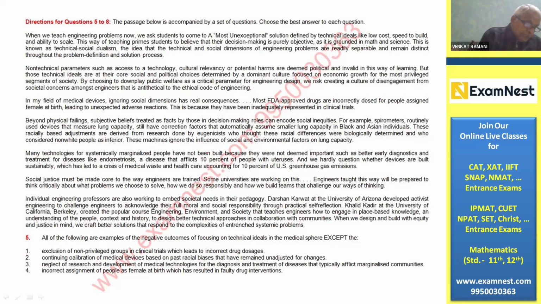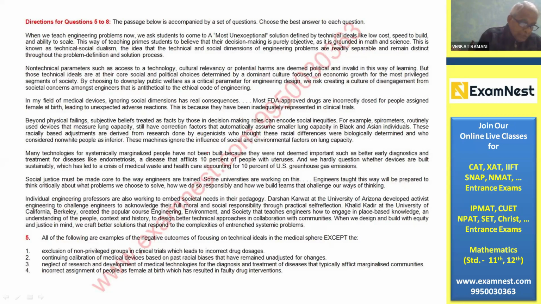He's talking about social justice, the subjective beliefs, right? Even he goes to the point where he says that certain devices were made on the basis of racism, that these devices can be used only on the white man, and these devices can be used only on the black person, right? So that is what he's talking about here.